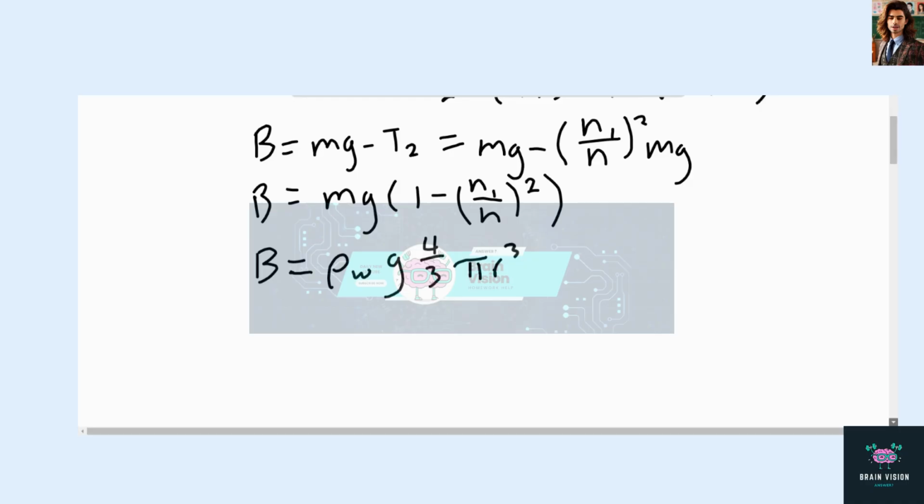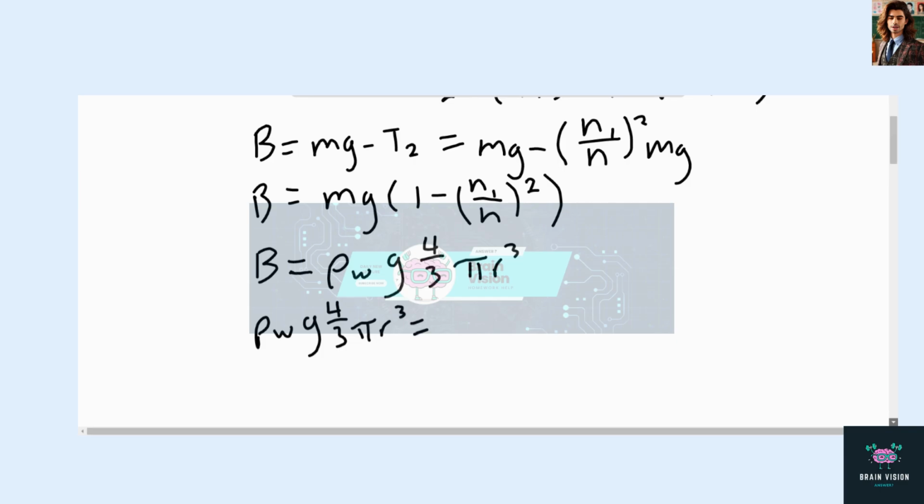And the 4/3 pi r cubed, of course, comes from the volume of the sphere. Since we have two formulas for B, we can set those equal to each other. So we have on the left side rho W times g times 4/3 pi r cubed.